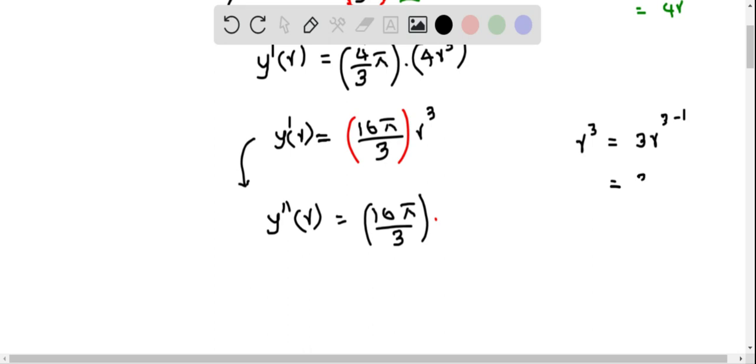So this equals 3r². So I write down 3r² here. Now we see that we can cancel this 3 with this 3, so they get cancelled, and therefore this equals 16πr². This is the second derivative of the function y of r.